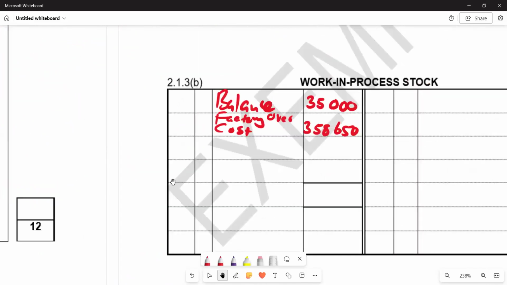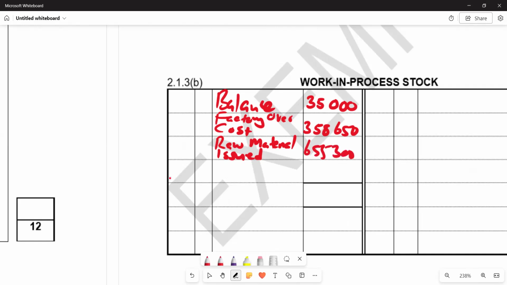So here we are saying that we have got raw material issued, and the amount that we have there is 655,300.